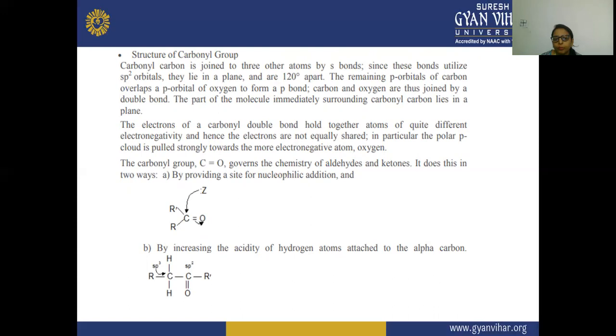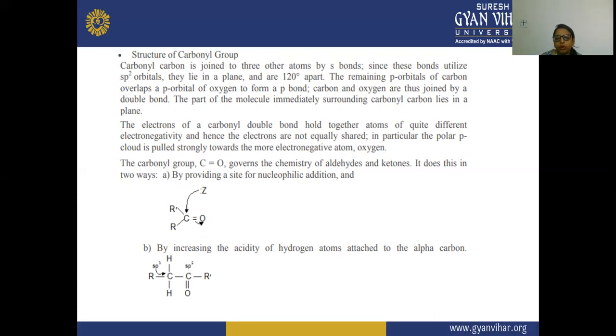The remaining p orbital of carbon overlaps a p orbital of oxygen to form a pi bond. So between this carbon and oxygen a pi bond is forming, because the p orbital of the carbon is overlapping the p orbital of the oxygen.